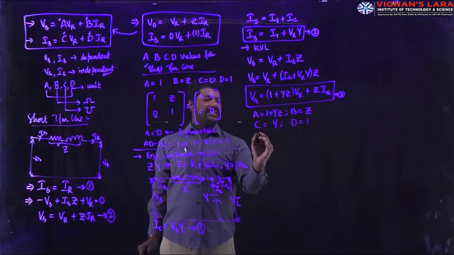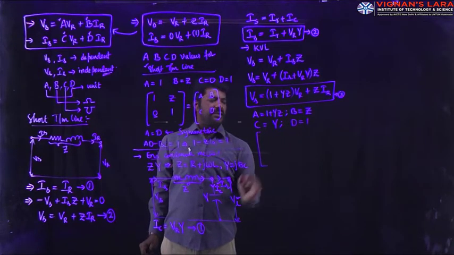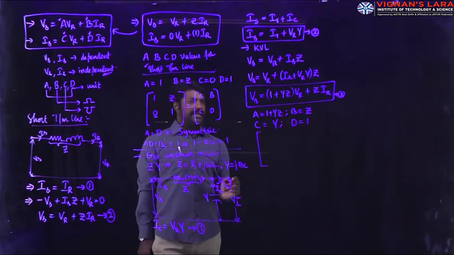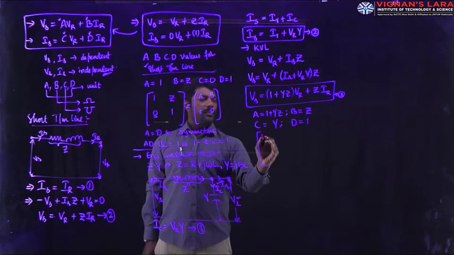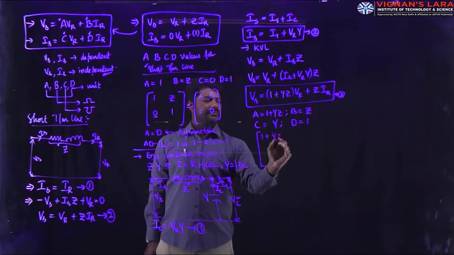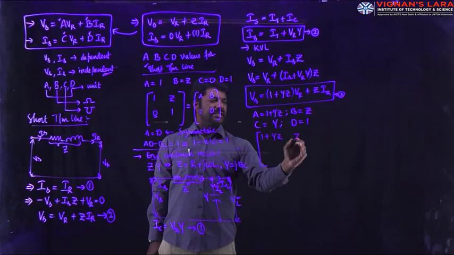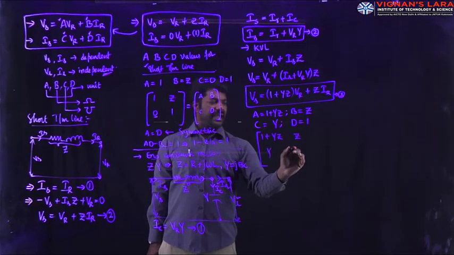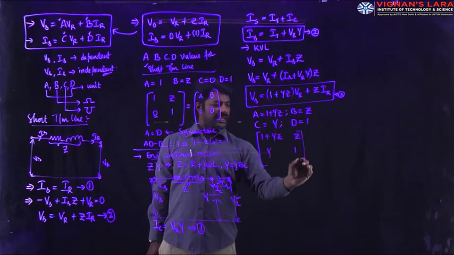So the ABCD constants of this medium transmission line represented with the end condenser method are: 1 plus YZ as A, Z as B, Y as C, and D is equal to 1.